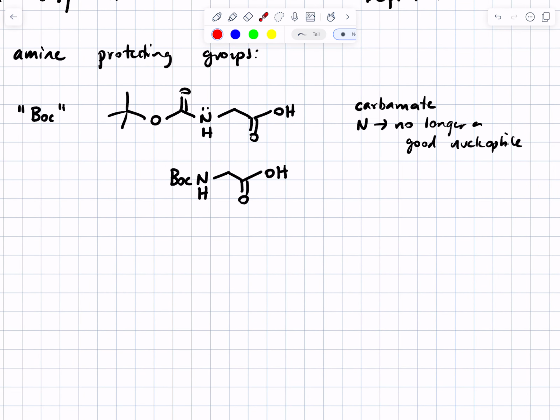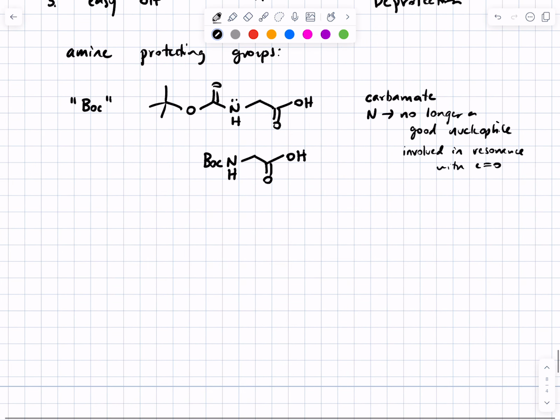In any case, the carbamate is like an amide bond, and the nitrogen is no longer a good nucleophile because it is involved in resonance with the adjacent carbonyl group. However, the carbamate is different from an amide bond because it is easier to break than the amide bond.